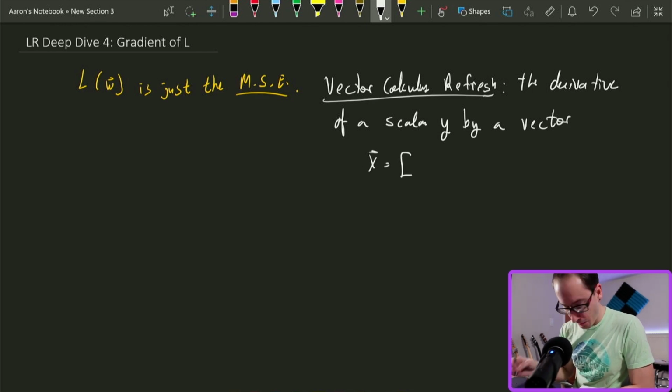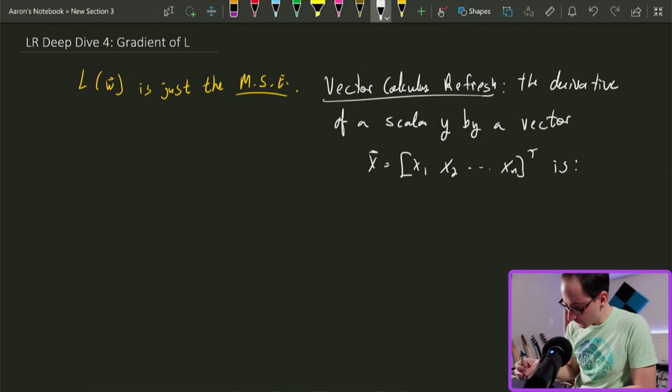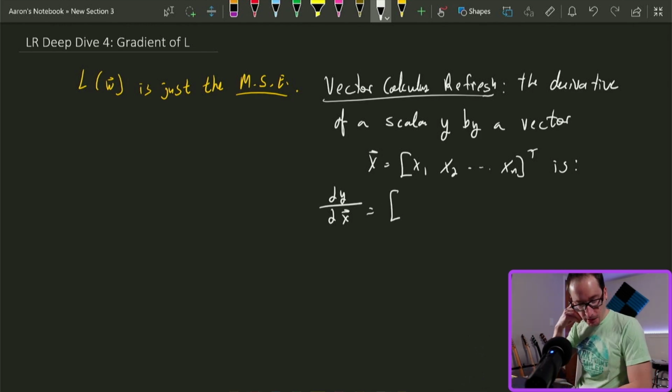So x will be a column vector, so I'm going to write it as x with entries x1, x2, yada yada yada, xn, transpose. The derivative of y with respect to the vector x is a vector containing all the partial derivatives there.